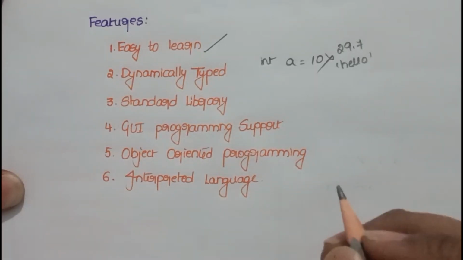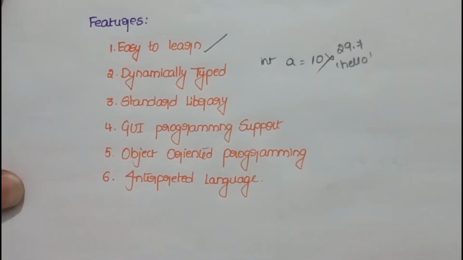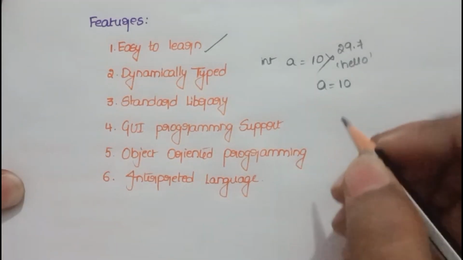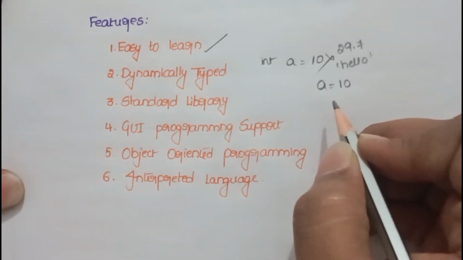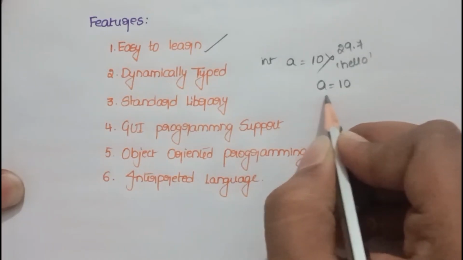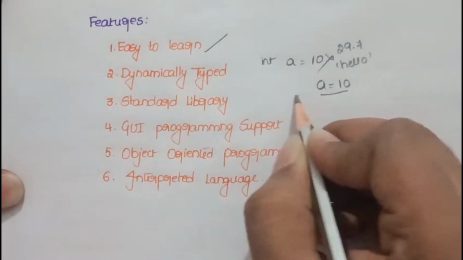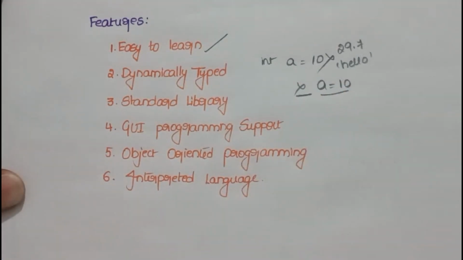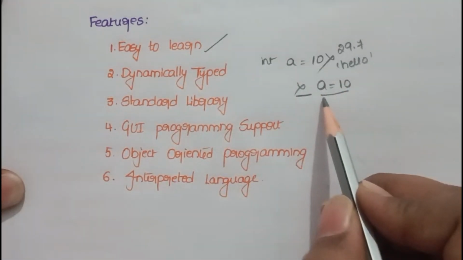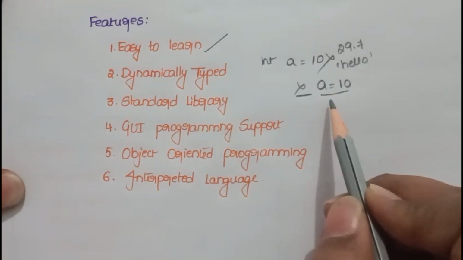Python dynamically changes the data type of a variable based on the value it is being stored. For example, we want to declare a variable that stores an integer value. We simply write a equals to 10. No need of declaring the data type of that variable. Now a is dynamically typed into the integer.